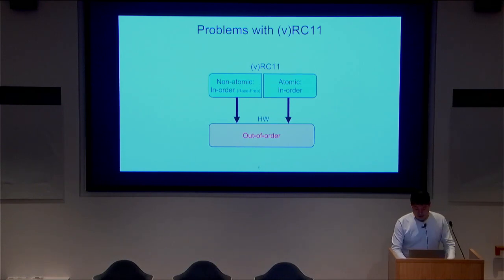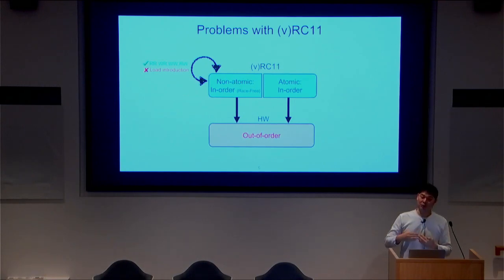Okay, and then the problem here is that since this is in order and has a catchifier, we have some issue with load introduction. First, usually in-order execution does not allow read-write reordering optimization, but thanks to the catchifier, any race on non-atomics is UB, undefined behavior, so we can allow read-write reordering.